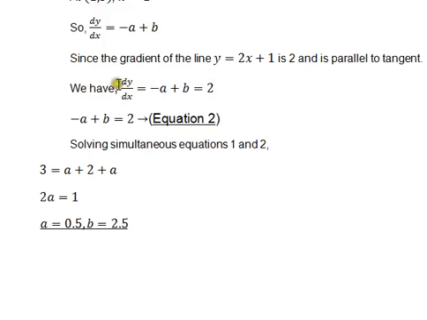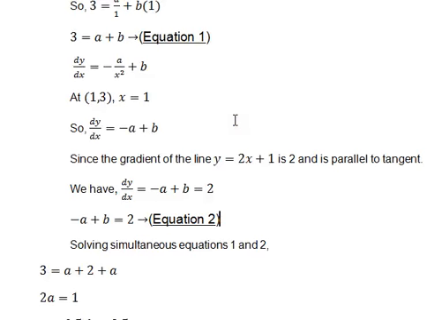So we have dy over dx, which is equal to negative a plus b, is equal to 2. And from there we can have our second equation, which is negative a plus b equals 2.